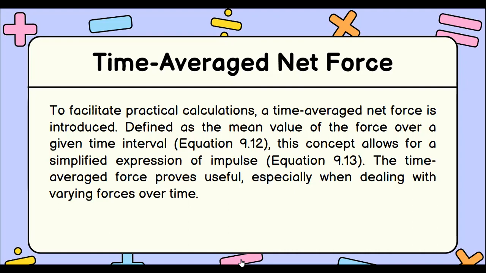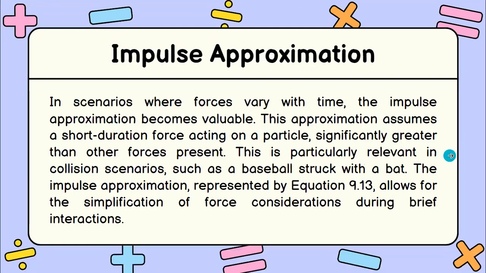Next, impulse approximation. In scenarios where forces vary with time, the impulse approximation becomes valuable. This approximation assumes a short-duration force acting on a particle is significantly greater than other forces present.